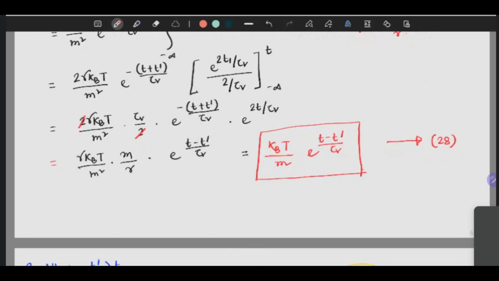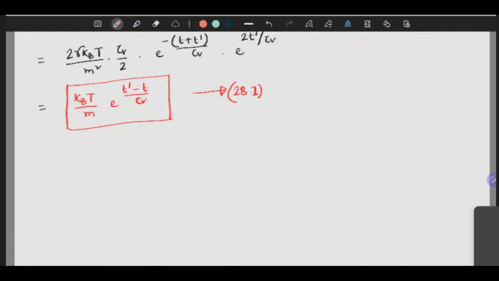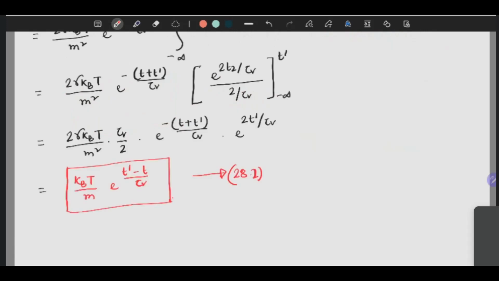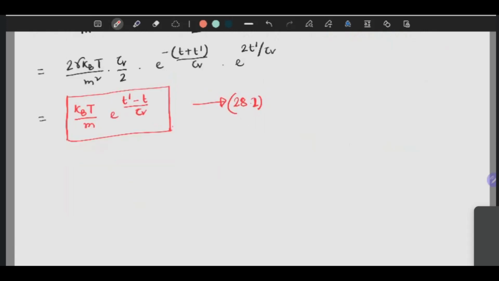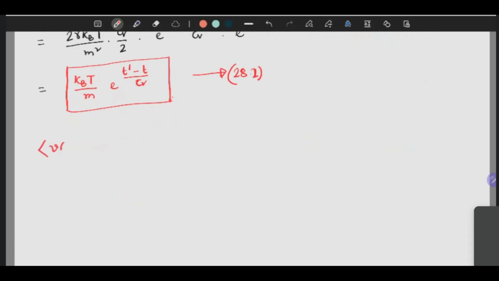To write it combinedly, you can write, whenever something is, we can write as V(t) V(t prime) equals kBT by m e to the power minus mod of (t minus t prime) by tau v.